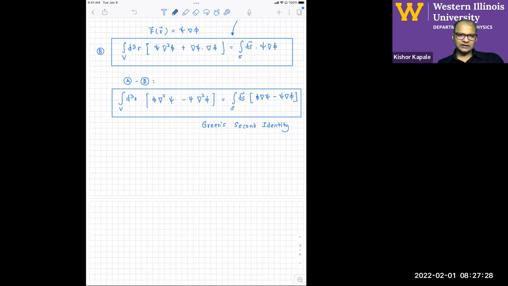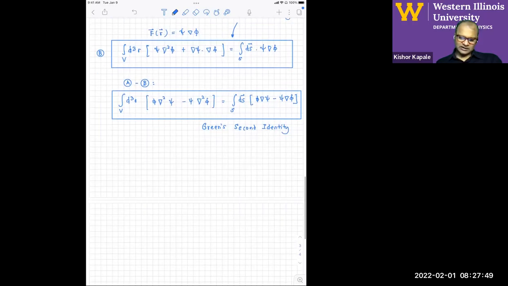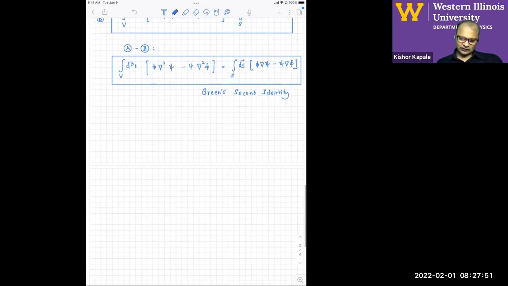Okay, very good. So I think that should do that for now. You could do something similar for a slightly different expression for F. So we're just going to quickly write those down as well.